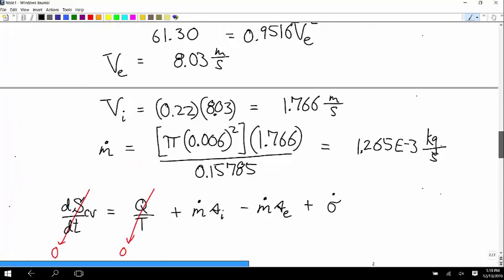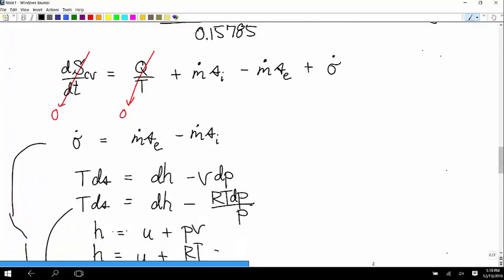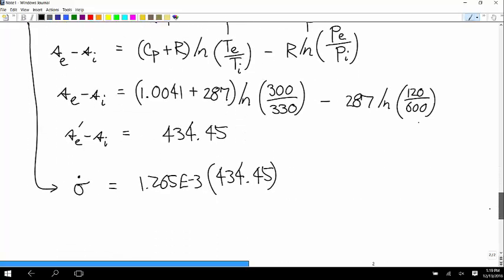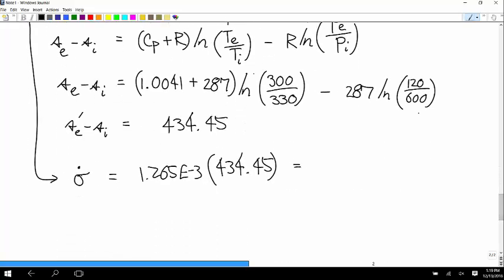And that's it, right? And what do you get for that? 0.549, and the units are joules per Kelvin second.